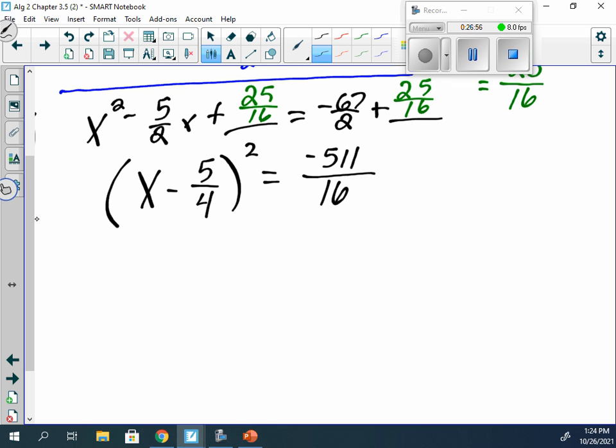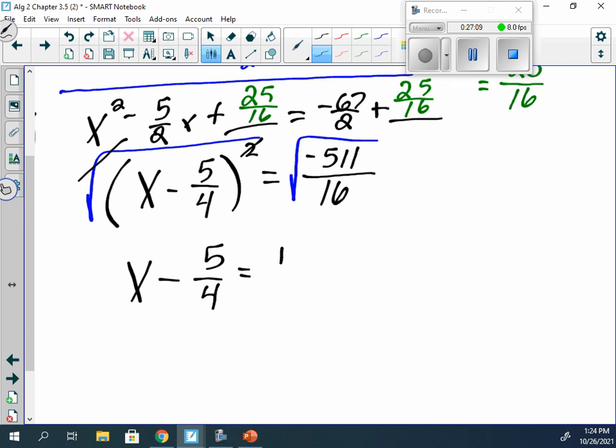But what do we do next? Square root both sides. Well, here the square root and square will cancel, leaving us with x minus 5 fourths is equal to plus or minus. By our properties of radicals, we can take the square root of the top and bottom separately.